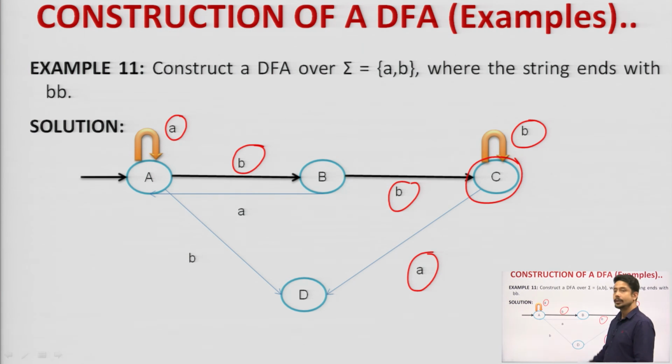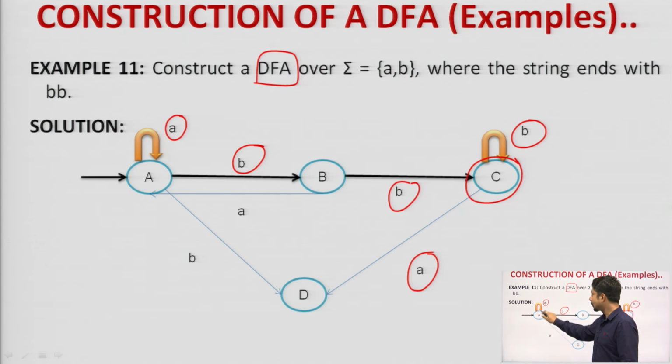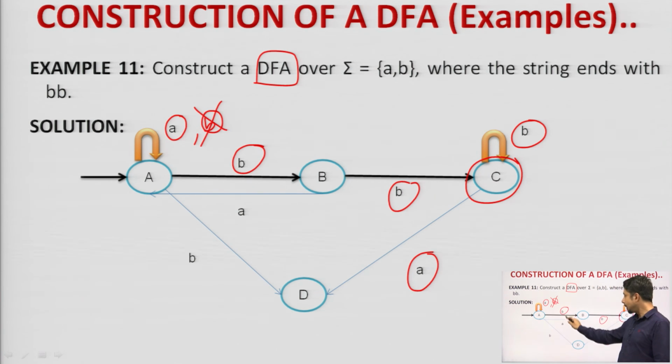Because already there is a transition, and now we are concentrating only on DFA, not NFA. If it would have been NFA, then you can put A comma B, there is no problem. I will discuss that in the NFA part, but for the time being it is a DFA. So, I cannot have a B transition over here, this is not possible, because B transition is already there, got it.